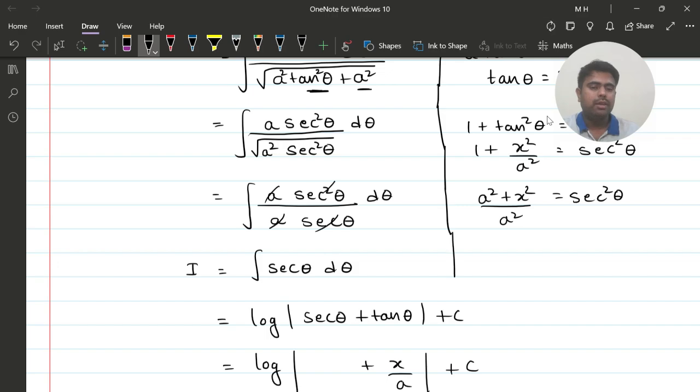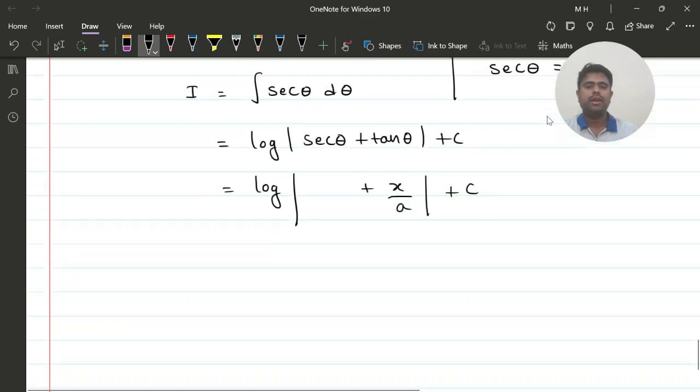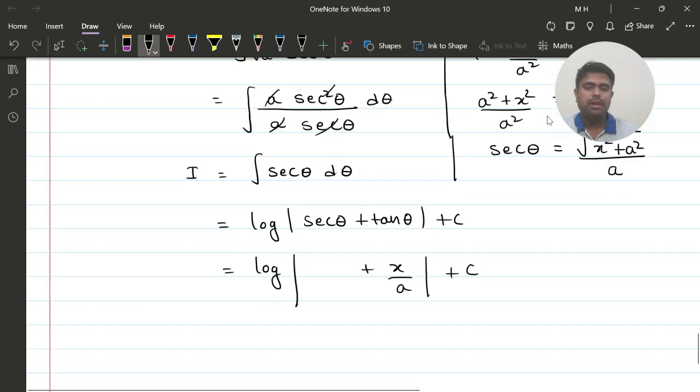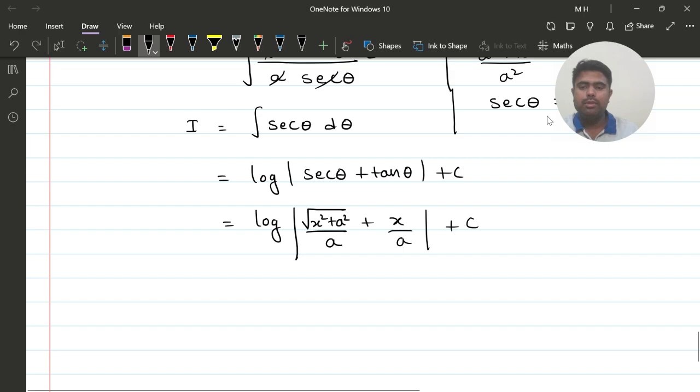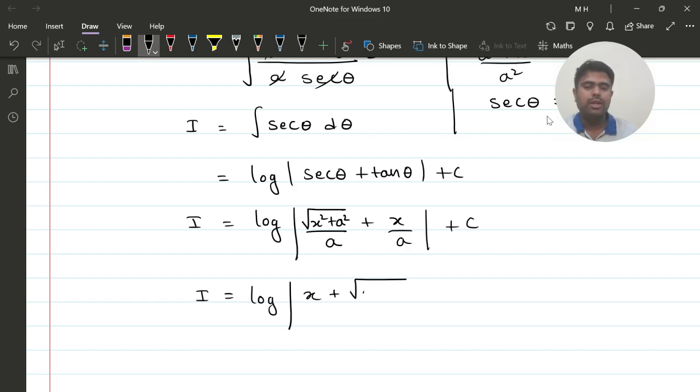Taking the root on both sides, sec theta will be root of x square plus a square divided by a. We do the same as in the fourth one: I is equal to log mod, the denominator is the same, so x plus root of x square plus a square, whole divided by a, plus c. I will call it c1, because a comes outside.